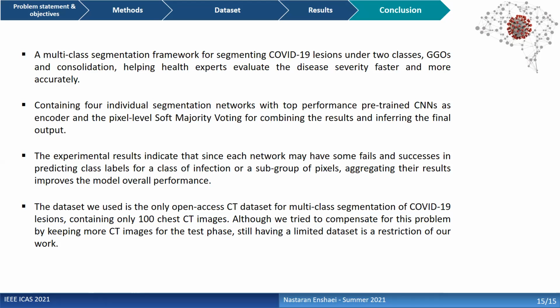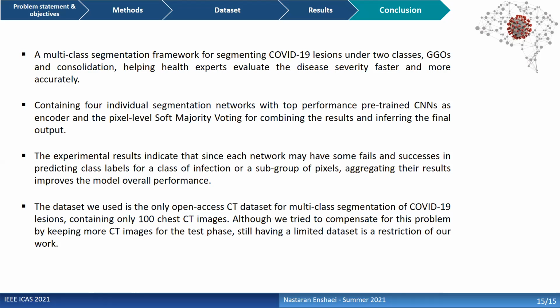This work proposed a multi-class segmentation framework for segmenting COVID-19 lesions under two classes of infection, GGOs and consolidations, to help health experts evaluate the disease severity faster and more accurately. The framework contains 4 individual segmentation networks with top performance pre-trained CNNs as encoders, and also a pixel level soft majority voting for combining the results and inferring the final outputs.